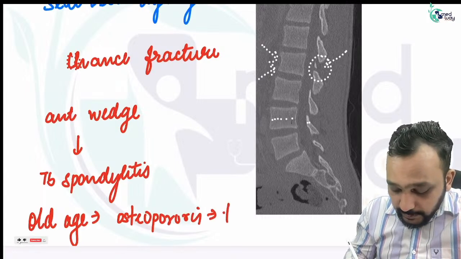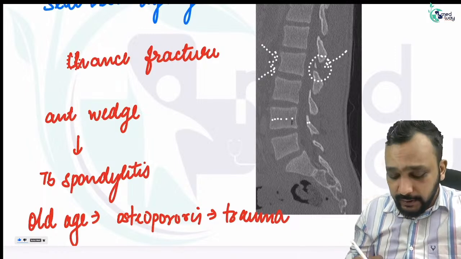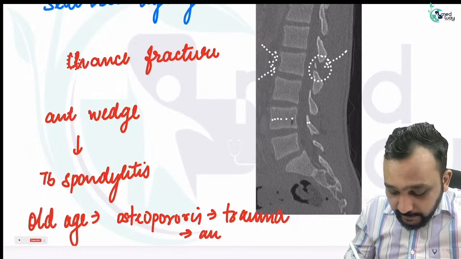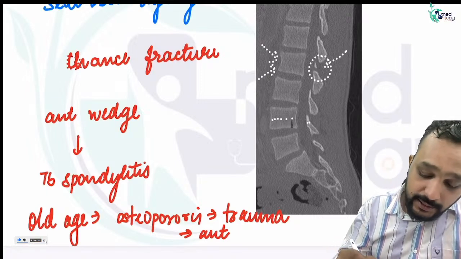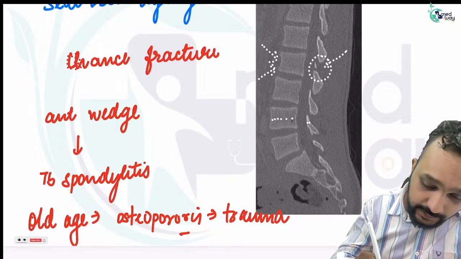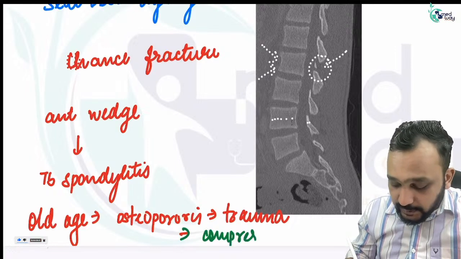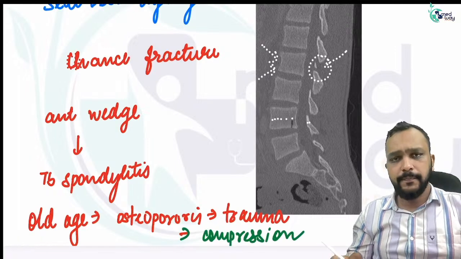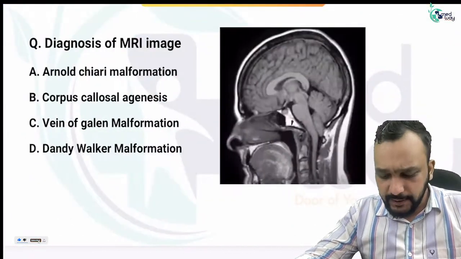There can be history of trauma also, a fall. You can get an anterior compression fracture of the vertebra in these patients, right?